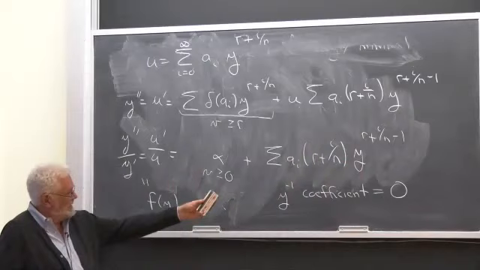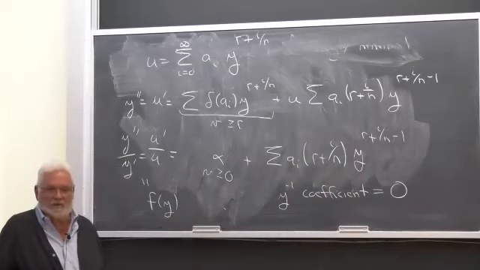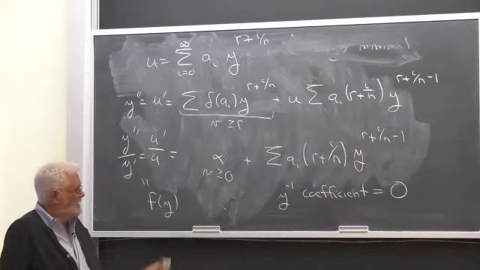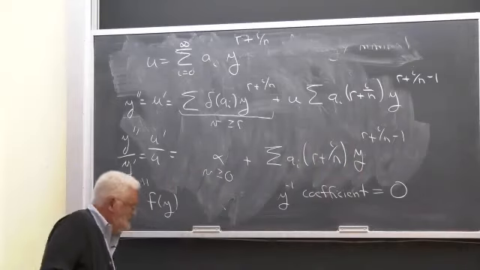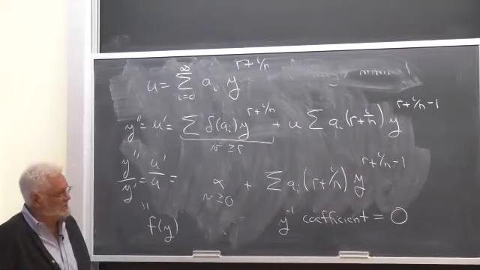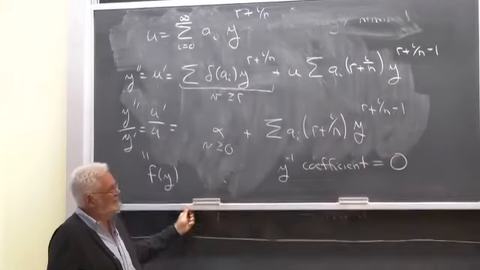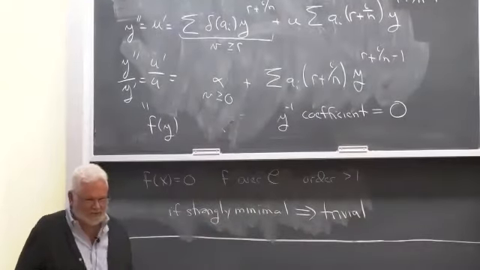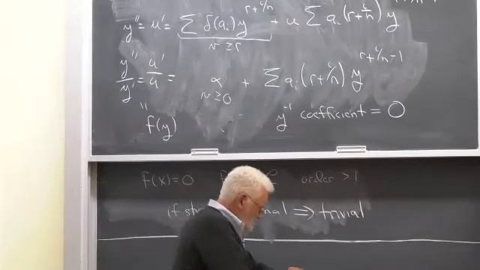So the y to the -1 coefficient is 0. So this can't be equal to f of y. So you see what I mean when I say this is sort of a memorable proof. It's not so special, this equation.